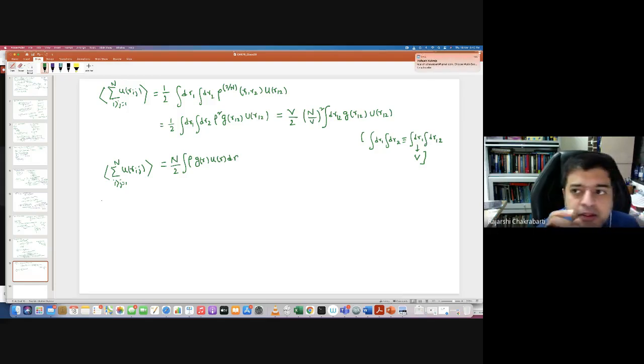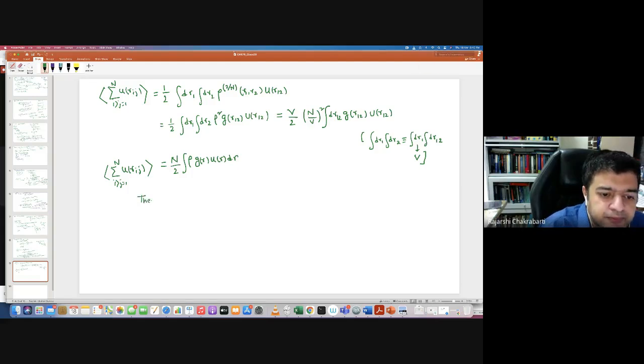It basically means that there are 4 pi r square rho g(r) dr neighbors in a shell of radius r and thickness dr, isn't it?